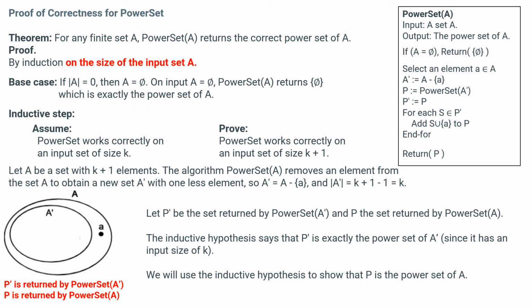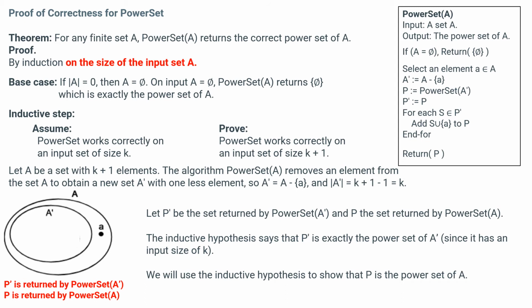So we're assuming that P prime is in fact the power set of A prime, and now we want to show that P is in fact the power set of A. Okay, so that's our goal.